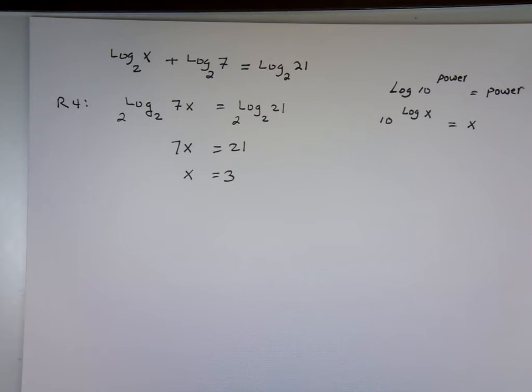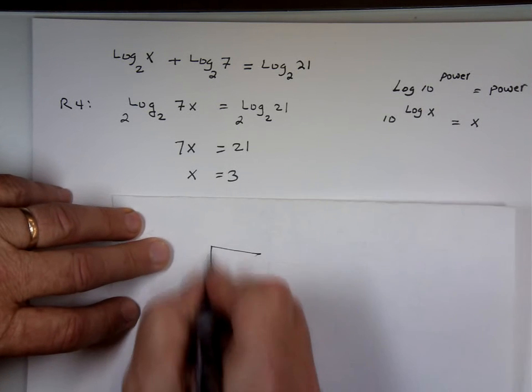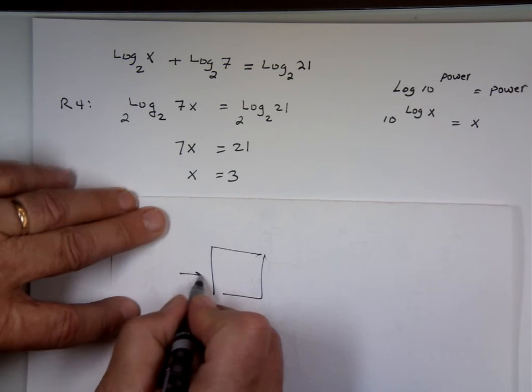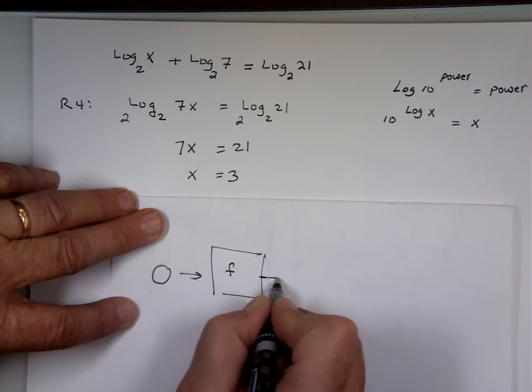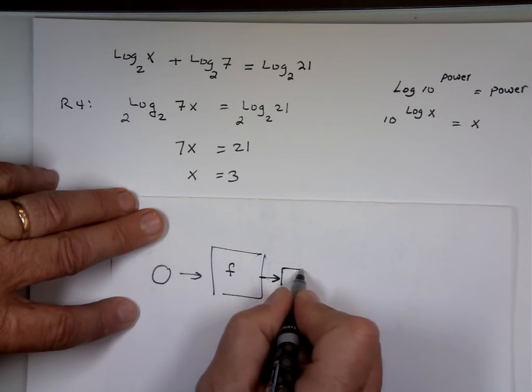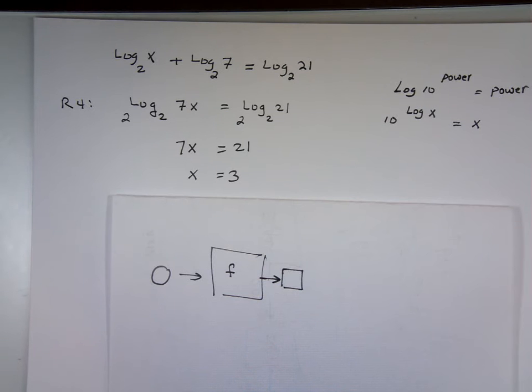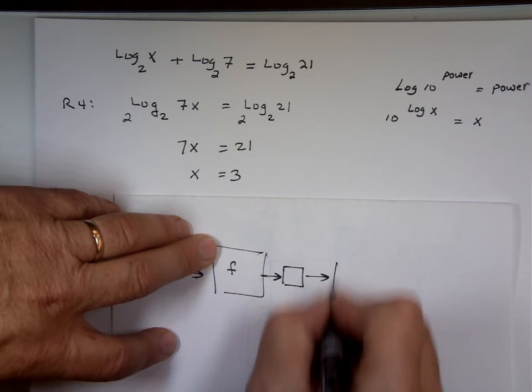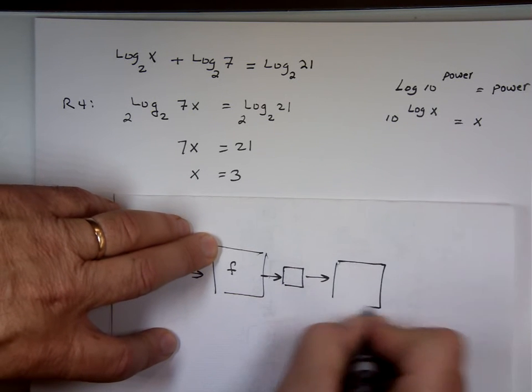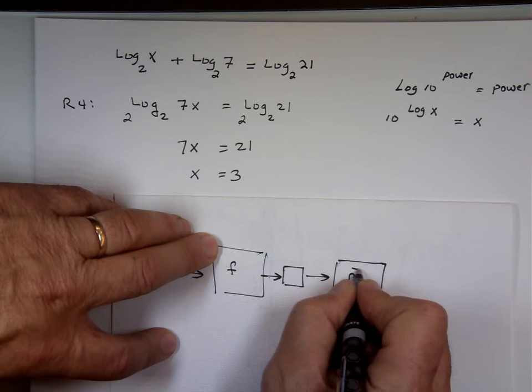And the reason they cancel is they're the inverse of each other. When I used to describe inverse functions, I used to tell people, imagine you have this box. If you put a circle into the box, when it comes out, this is the function. When it comes out of this box, it's going to be what? A square. Somehow this box changed the circle to a square. Guess what the inverse function does? If you take that square and put it through the inverse function, it should change it back to what?